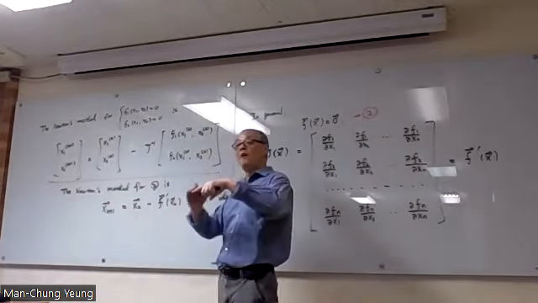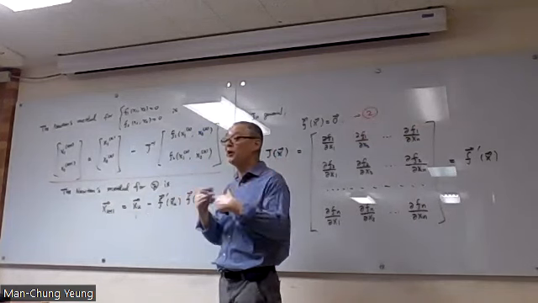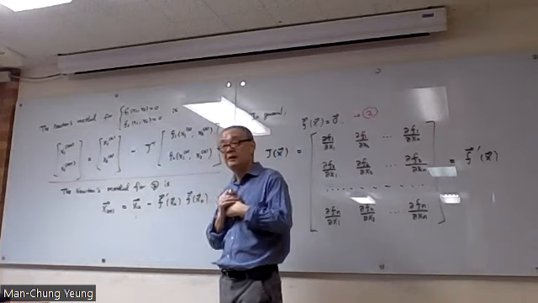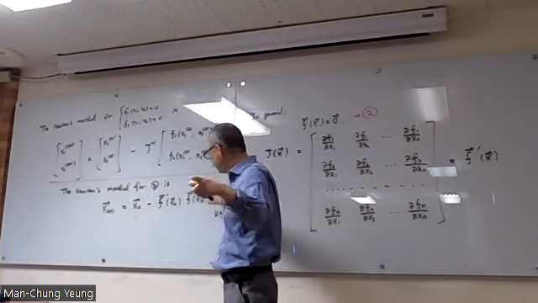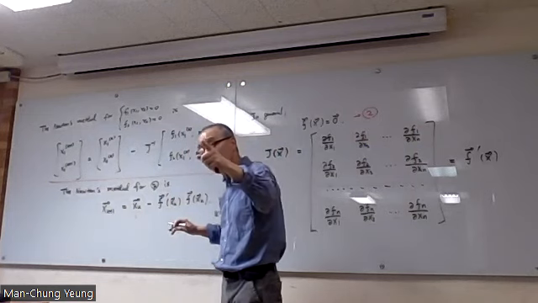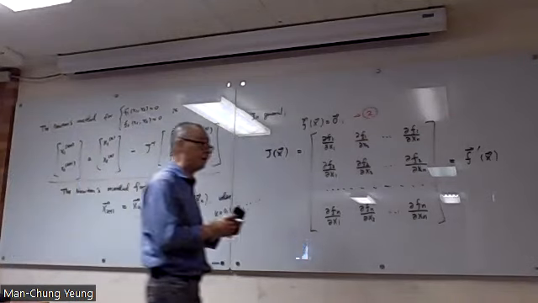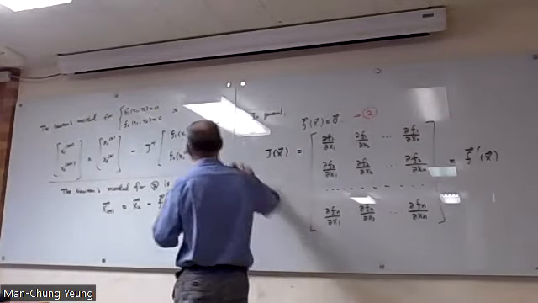This is the formula for a general system of equations. Compare this formula with Newton's method for a single equation. Let me erase.